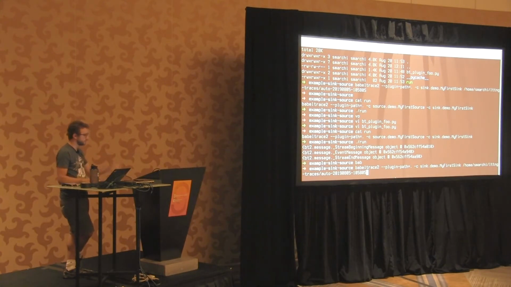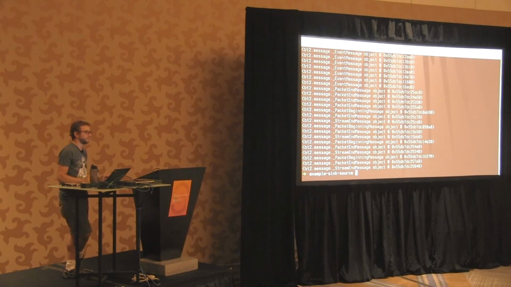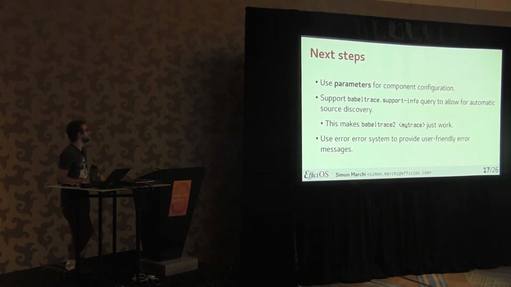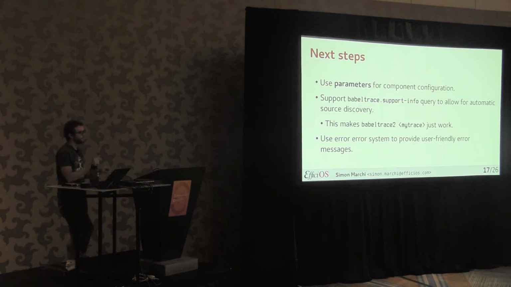And CTF sees that, oh yeah, there's a metadata file in there, and I can parse it, so it's most likely a CTF trace. So it says, yeah, I want to handle it. If you support this, it makes the command line much more comfortable for your users. Instead of typing lengthy params, you can just do Babeltrace to my trace.